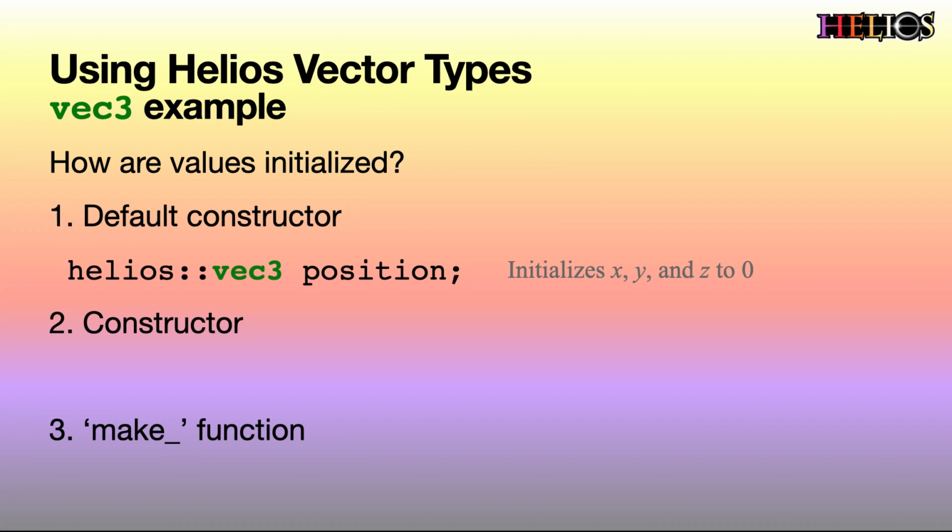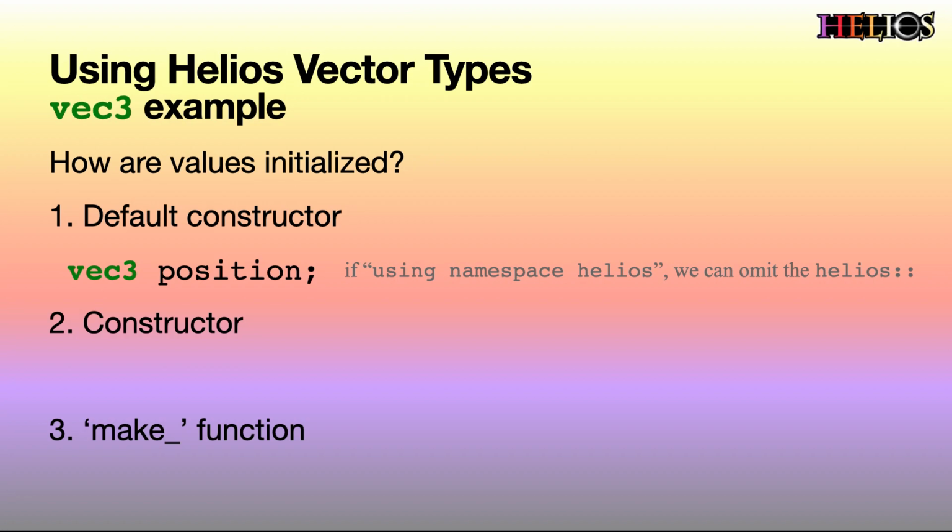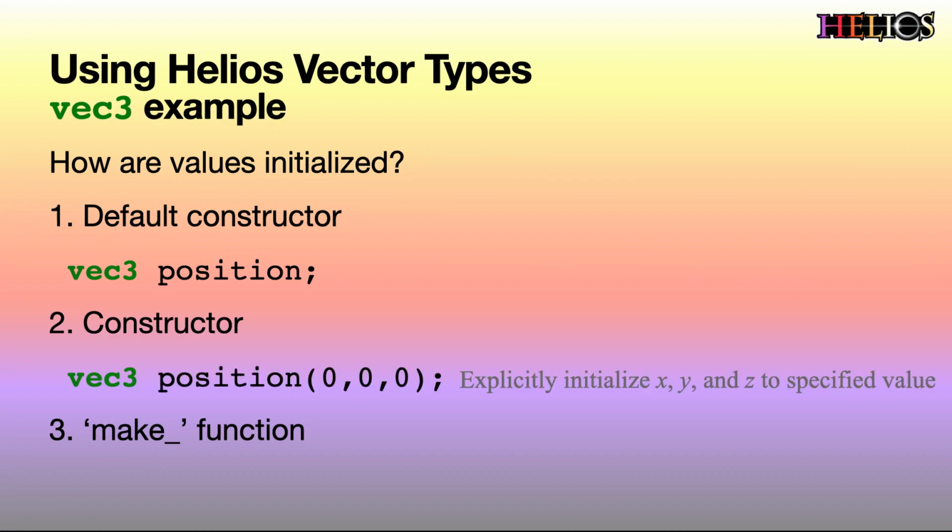If we just declare a vec3 and we don't give it any arguments to initialize, it's going to by default initialize all of the values to 0. And again, just a reminder that if we're using namespace Helios, then we could omit the Helios:: in front of the vec3 type. We can also explicitly initialize the values within our vec3 if we wanted to.